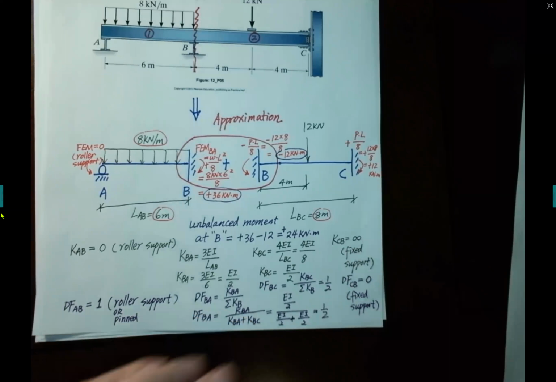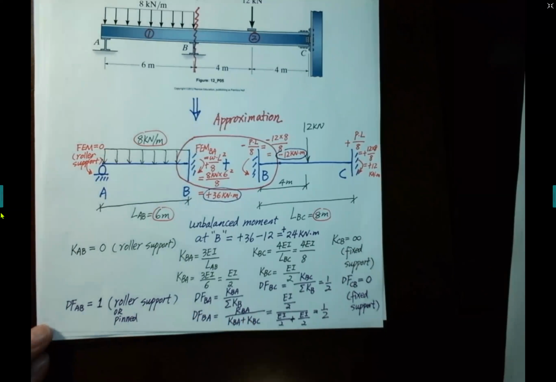Fixed support will absorb any moment distributed to the joint, so it won't distribute any moment. If there's a moment transferred to C, it will absorb all the moment.